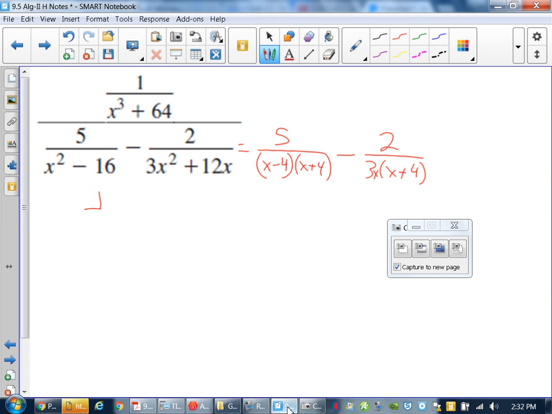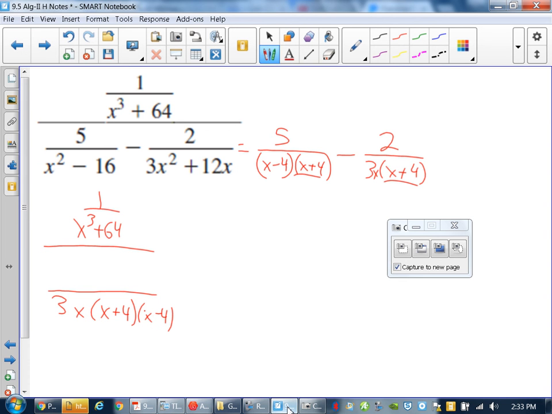So let's see, I have 1 over. So I have an x plus 4. I have one of each of them in common. What's left? An x minus 4 and a 3x. So what I'm going to do is, because it's habit for me, put the 3x first. x plus 4, x minus 4.